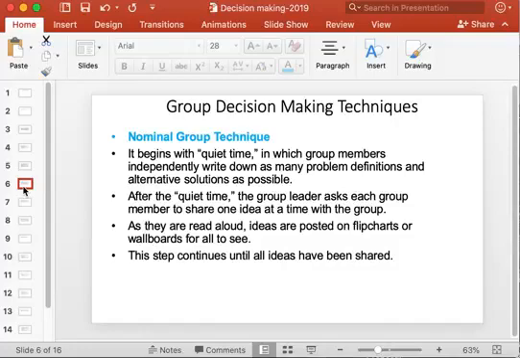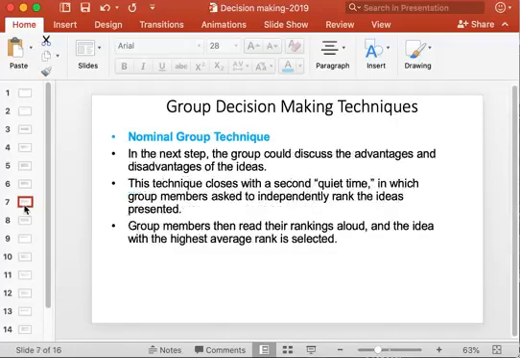Then this step is continued until all ideas have been shared. In the next step, the group could then discuss the advantages and disadvantages of all the ideas that are posted.